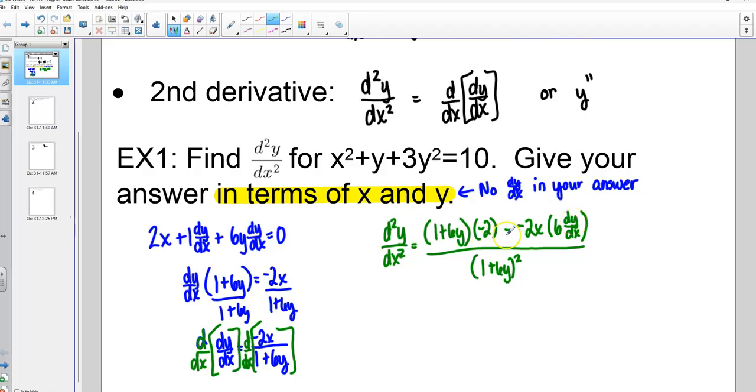I'm going to clean this up a little bit first. I'm going to distribute that negative 2 and multiply this stuff right here together. So I'll get negative 2 minus 12y plus 12x dy dx over 1 plus 6y squared.